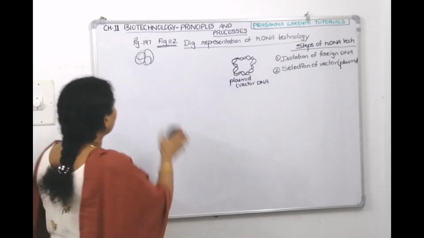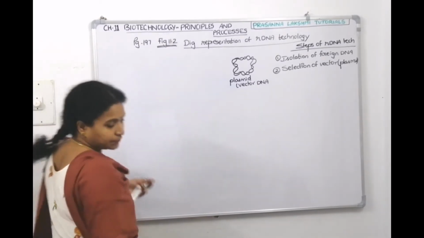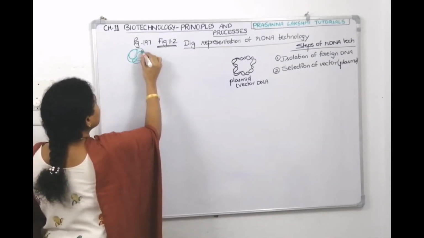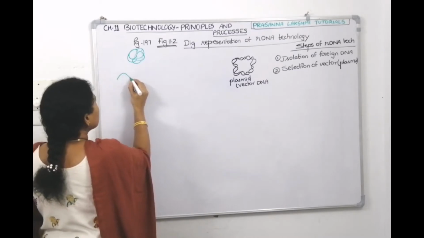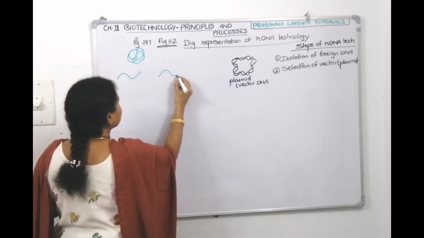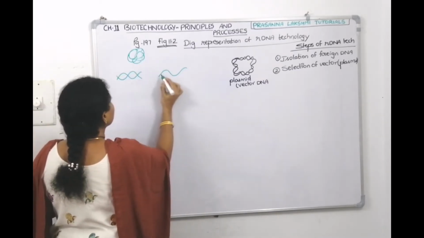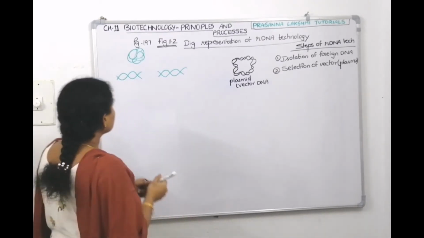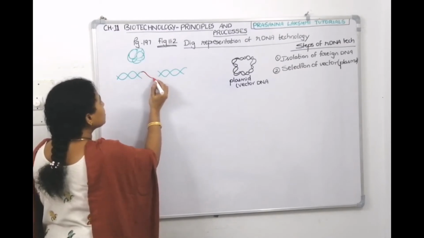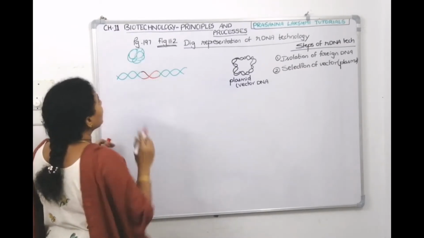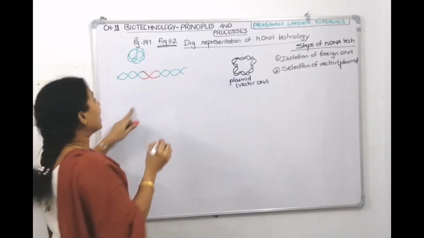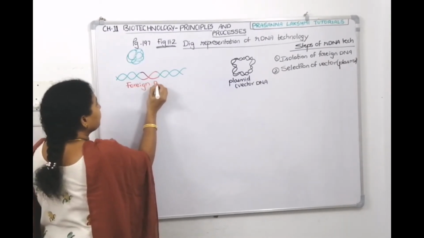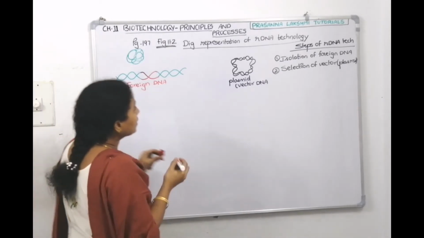I will change the color so that it will be easy for us to understand. This desired DNA, they showed us in this manner. Now, in this, we want only this particular fragment, which is called foreign DNA.